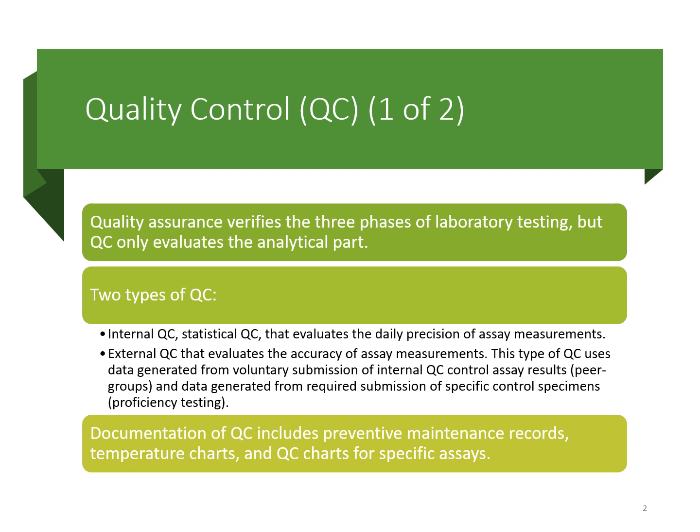And so this type of QC uses that PT testing. It uses voluntary submissions of internal QC. So there's a couple of different things that we can do for that external QC process. Part of that would be taking your internal QC and submitting it to a peer review type group. Now, this isn't required.